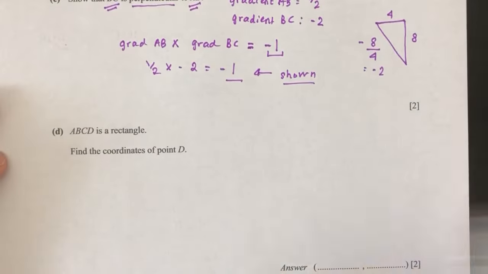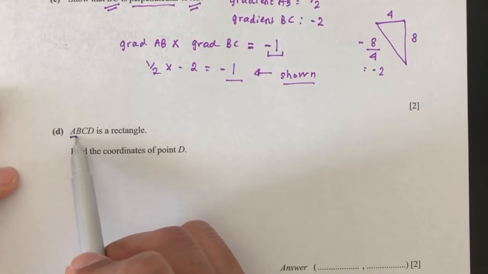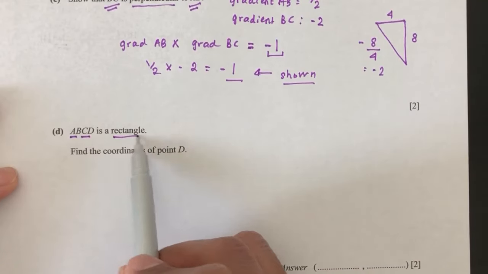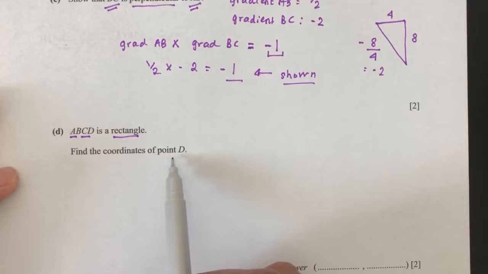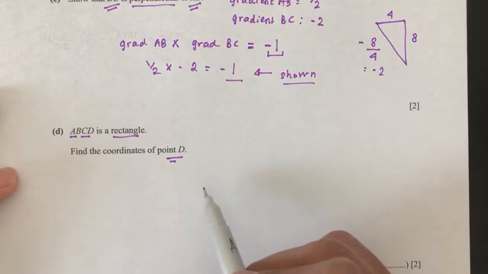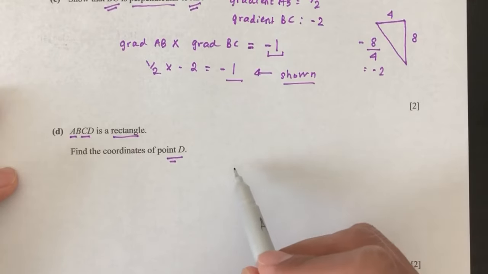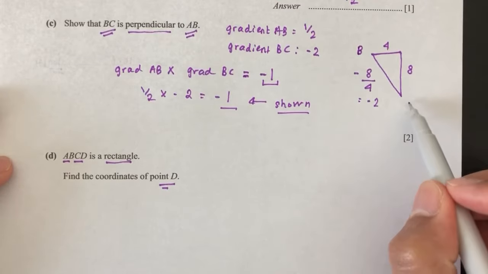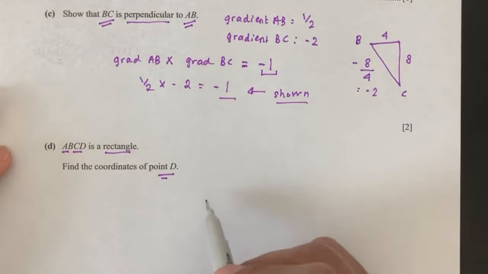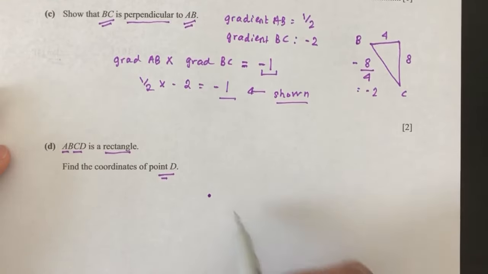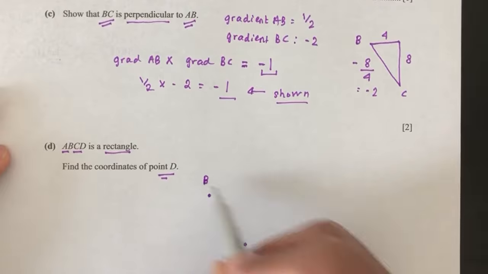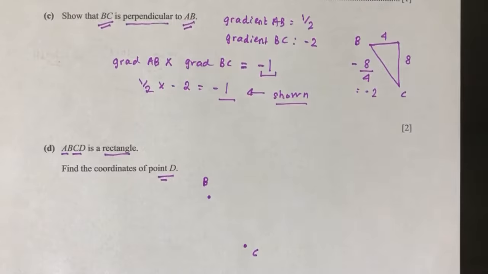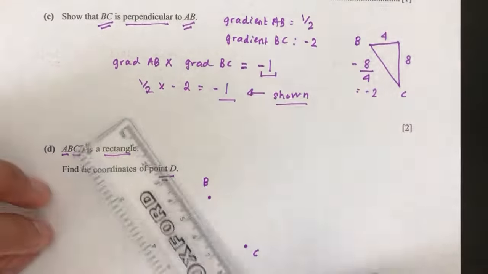Now for part D, we have ABCD is a rectangle. Find the coordinates of D. So let's say this is B. As you have seen here, BC will be in this shape, right? This is point B, and this is point C in this direction. So let's try our best to draw a rectangle.